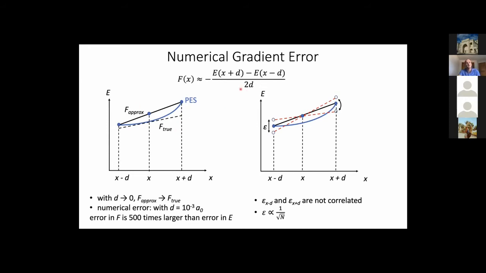When we calculate the numerical gradient, the obvious problem is that the displacement parameter d has to be a small number, on the order of 10 to the minus 3, 10 to the minus 4, to get an accurate value of the gradient.